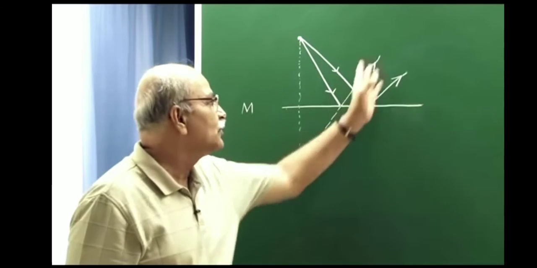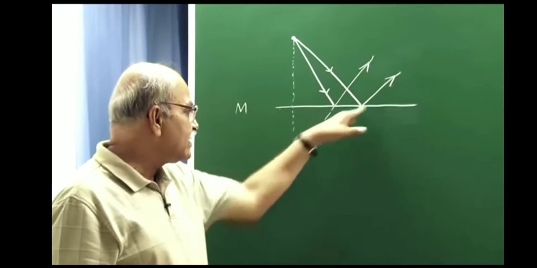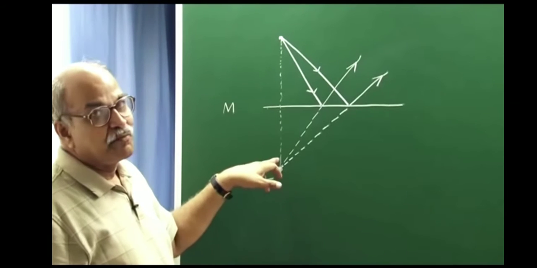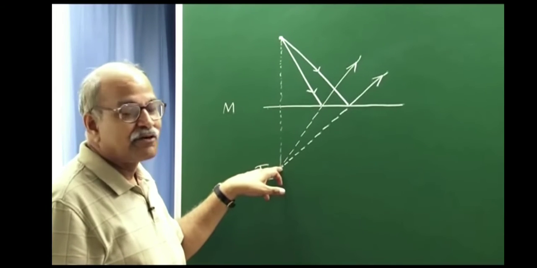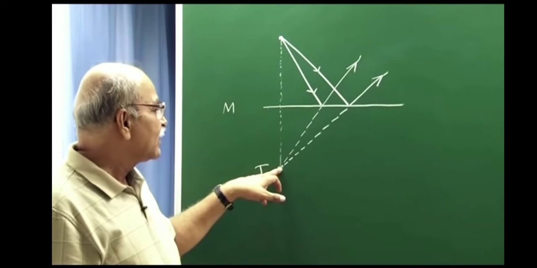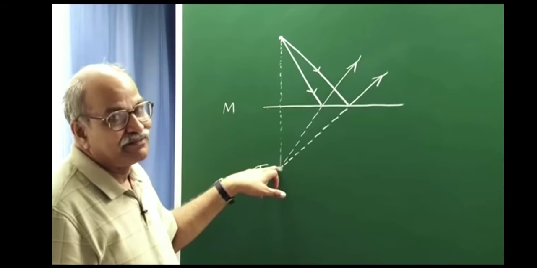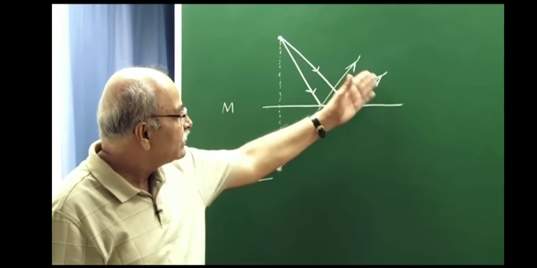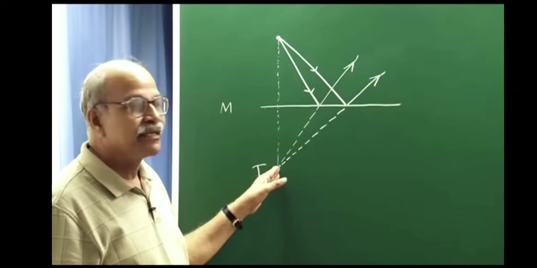The rays are going in this direction, but when you extend, they intersect here. So this point is the point of intersection of reflected rays, and that is the image. All reflected rays intersect at the same point.